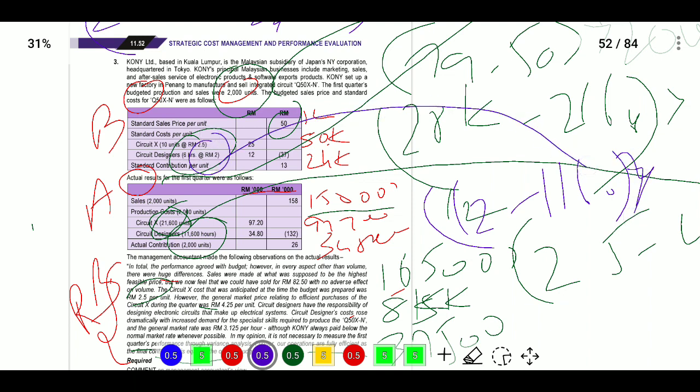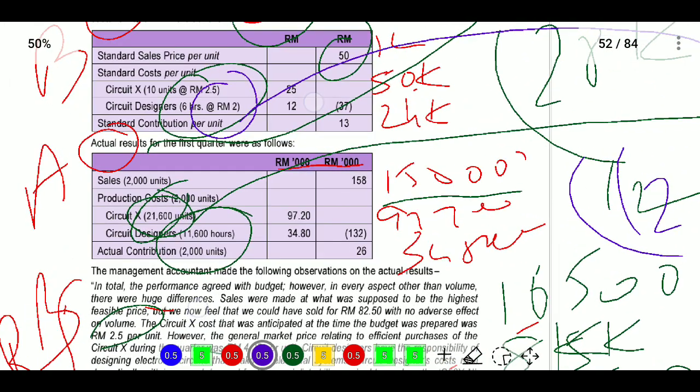Next, is there any price change? Yes, there is a price change. For the actual, 34,800 divided by 11,600 will become 3 rupees.